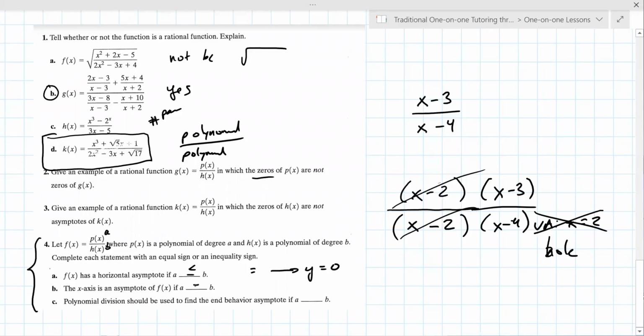If they're equal, it's the ratio of the leading coefficients. And then you should find the end behavior, which is the slant asymptote, if A is greater than B.